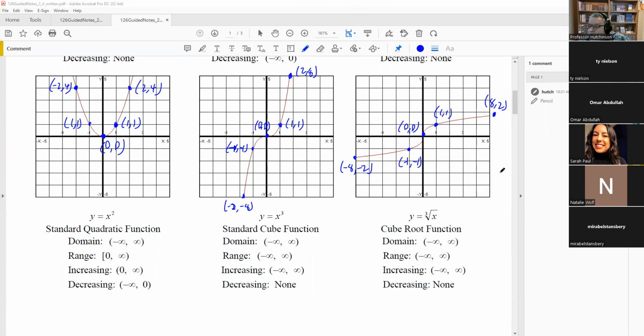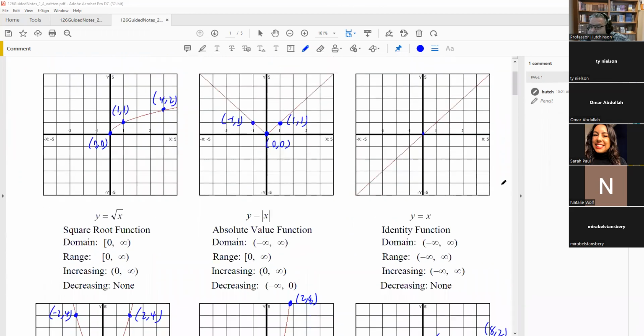Let's go up and see. I'll give you these 3 graphs first here. We'll scroll up in case you need to see the other ones up above. Don't worry about the identity function. For identification purposes, yes, you do have to know basically what it is, but it's just basically a line.